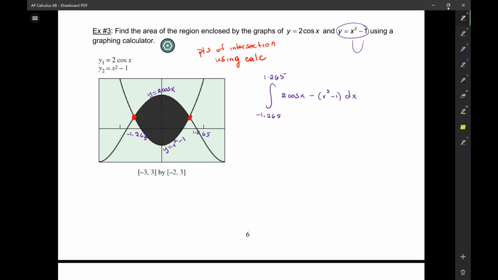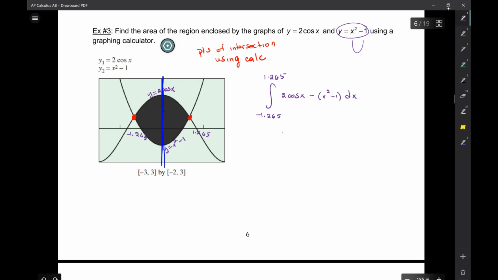Now, this is one way to do it. Another way to do it is, do you recognize that there is a lot of symmetry in this problem? If I split this down the middle, the left and right are the same, correct? So if I just go from 0 to here and multiply by 2, do I get the same answer? Yeah. I do.